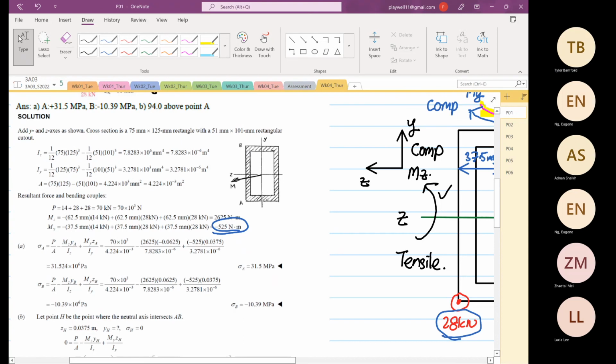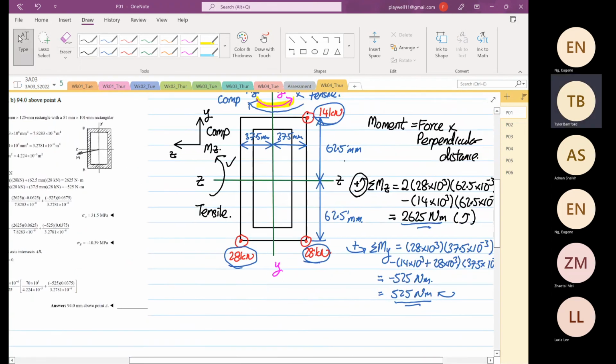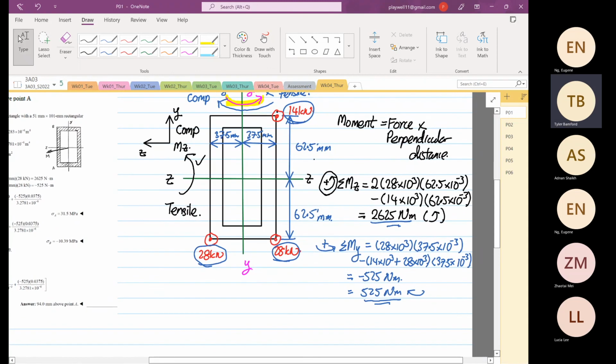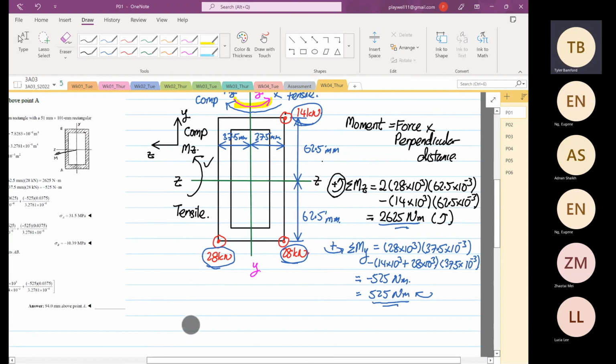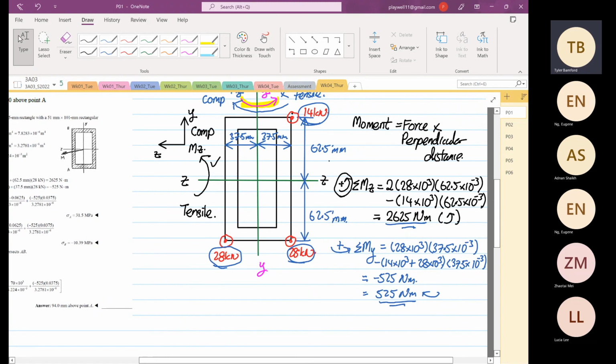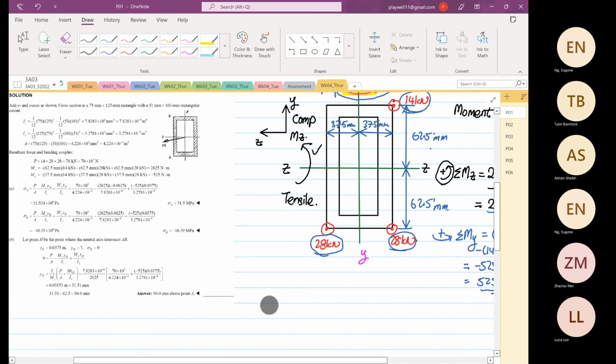Oh, you mean so they have 14? I see what you mean. Yeah. Solution manual's fault. Okay. Now this makes sense, right? Yeah, I was trying so hard to figure out how the 14 could be negative in both the y and the z, and the 28s were positive in both ways, and it was very confusing. Yeah. Welcome to the solution. Yeah, I think they have a typo there.